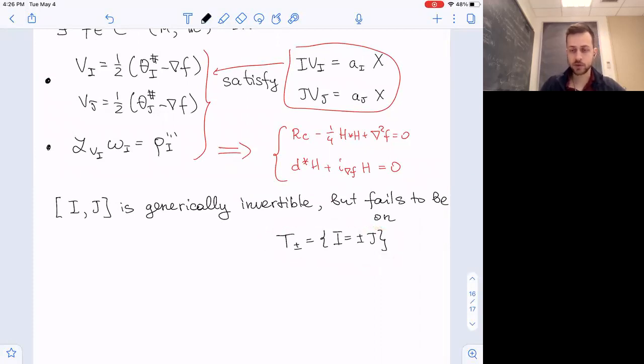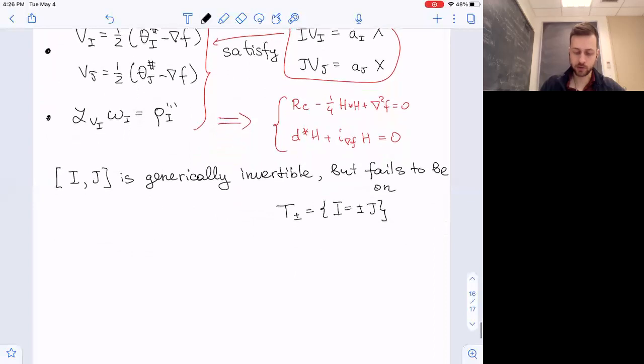For example, from the Hopf solitons, these two loci are precisely the support of the canonical divisor on the Hopf surface. So we have to allow for that.